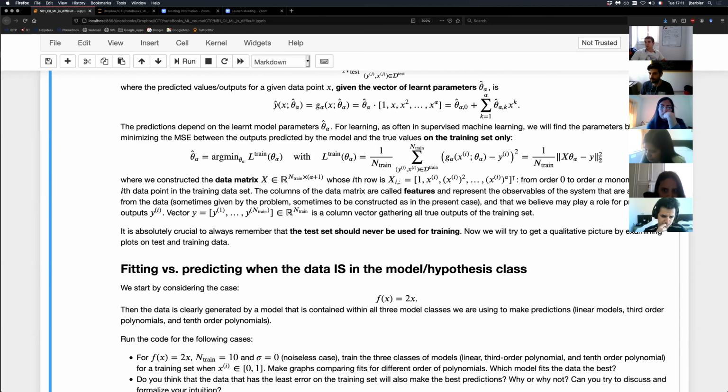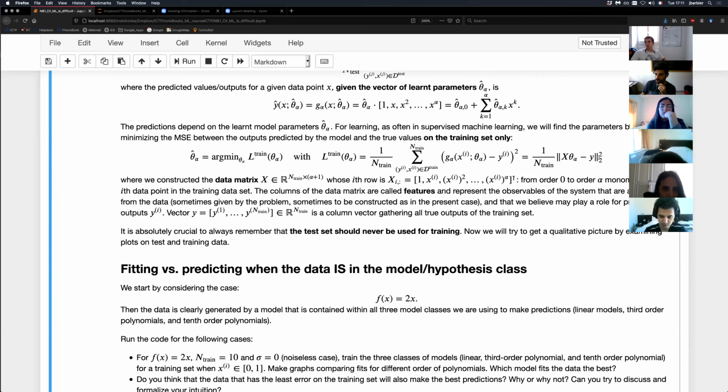In the sense that you are finding the least square estimator, you are minimizing a square error for a linear model. Linear least square, okay?